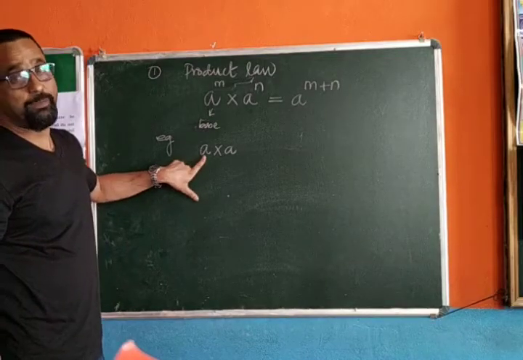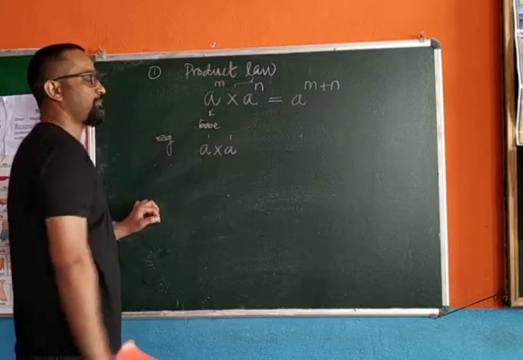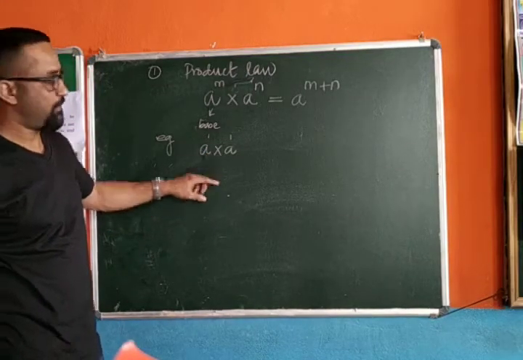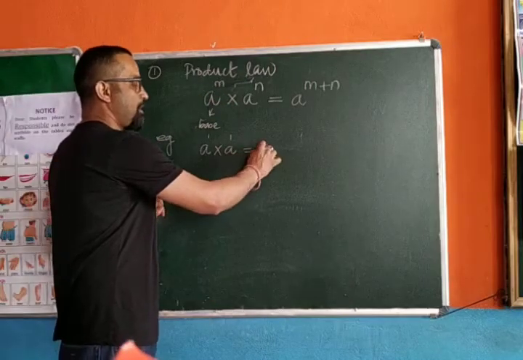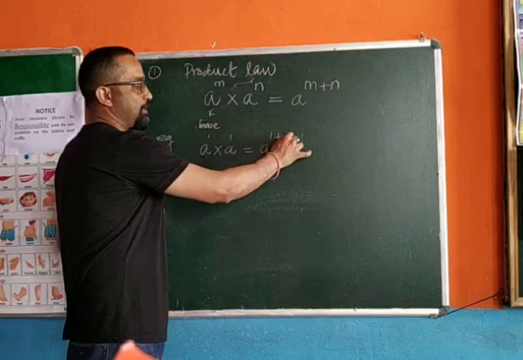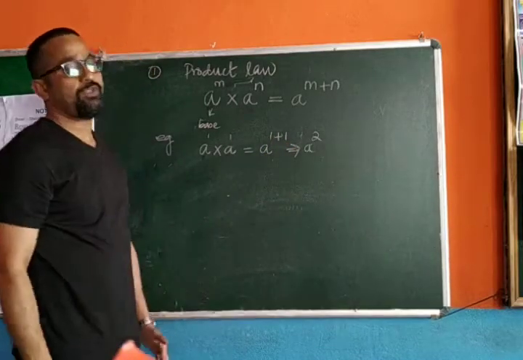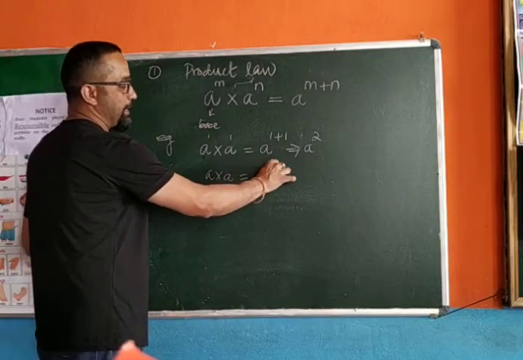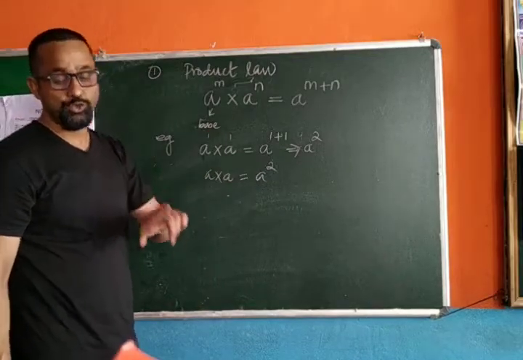It has only a base, no exponent, so we write 1. Look at these two terms, bases are the same, so you need to add the power. a to the power of 1 plus 1, which can be written as a to the power of 2. When we multiply a with a, we directly write it as a squared, because 1 plus 1 is 2.